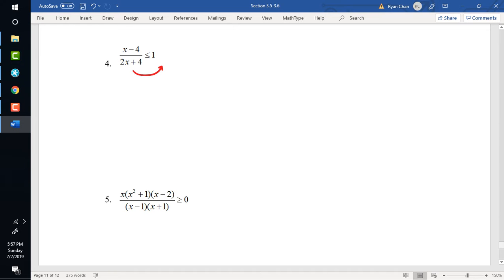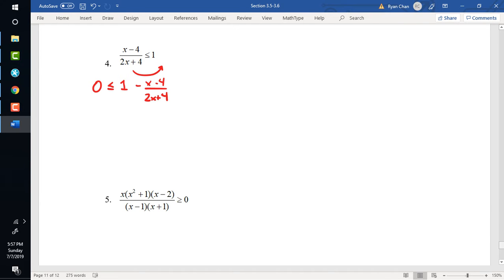Okay, so I'll subtract. I have 1 minus x minus 4 over 2x plus 4, and that is going to equal 0. I'm moving everything over, so the left-hand side becomes 0. How do I combine this? This one's not bad.